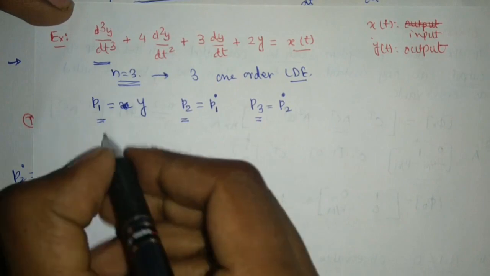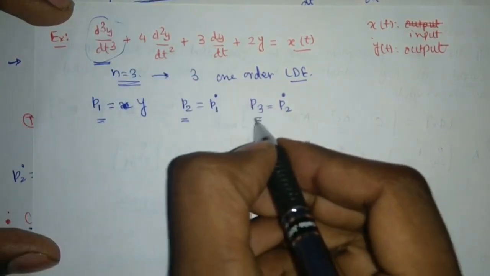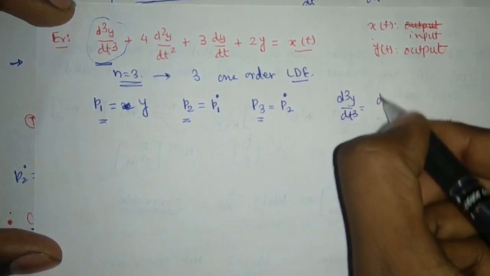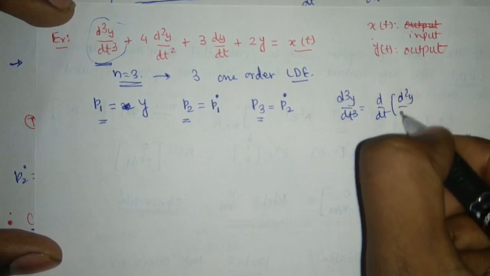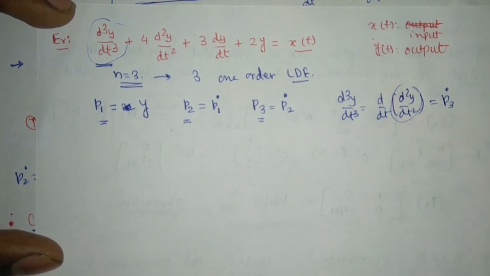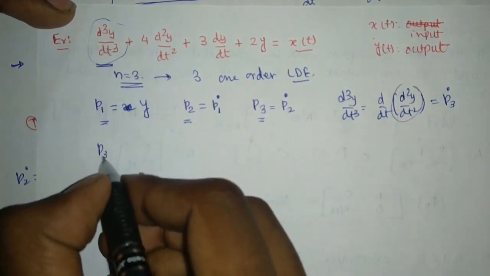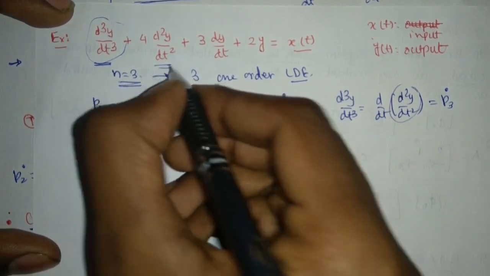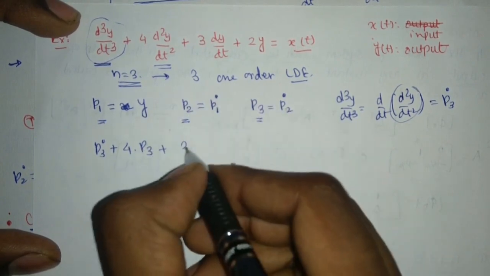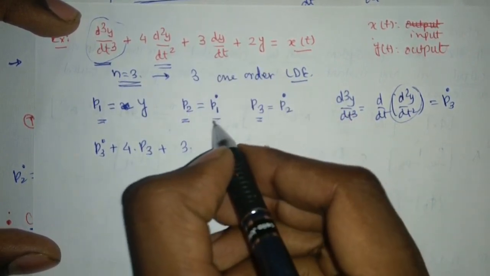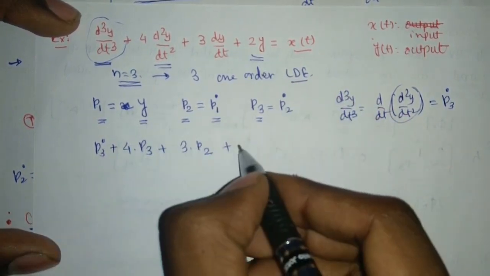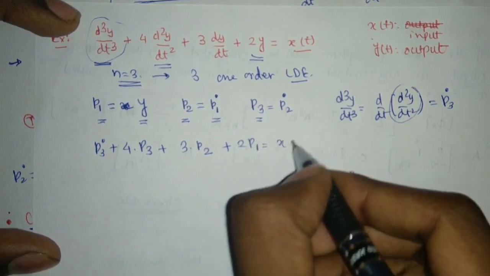So what will this equation be? This is a third order differential, so d3y upon dt cube can be written as d by dt of d square y by dt square, and this is P3, right? So that can be written as P3 dot. Now I'm going to write the equations here. So this becomes P3 dot plus 4 times d2y by dt square, that is our P3, plus 3 times dy by dt, that is our P2, plus 2 into y, that is our P1, and that is equal to x(t).